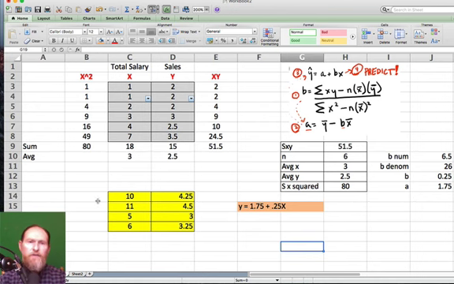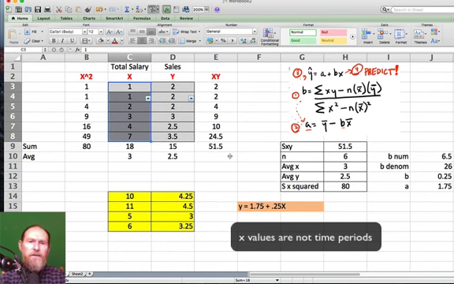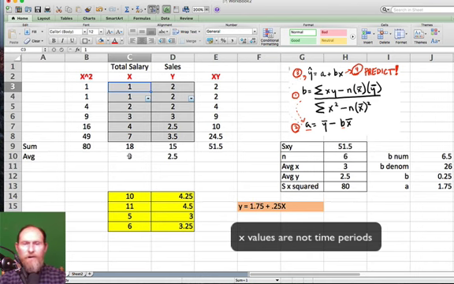A couple differences. One is that our X values are not time periods. They are non-time periods. So in this case, it's salary. It could be demand as an independent variable and something else as a dependent variable.